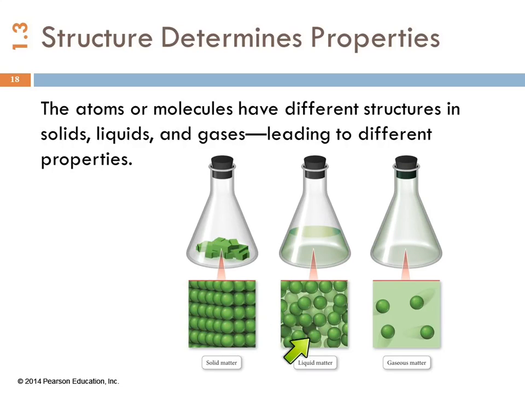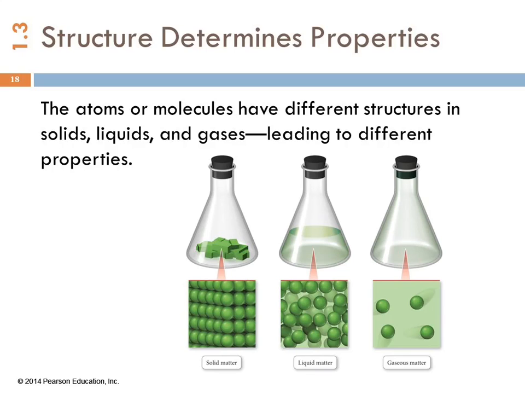In a liquid, the particles are still very close together, but now they're able to move relative to each other. The volume is constant, but the shape can change. In a gas, the particles are very far apart from each other, and a gas will have a variable volume and a changeable shape.